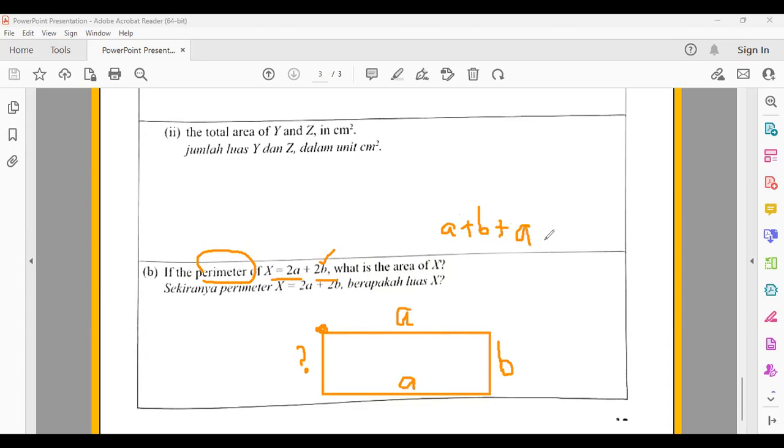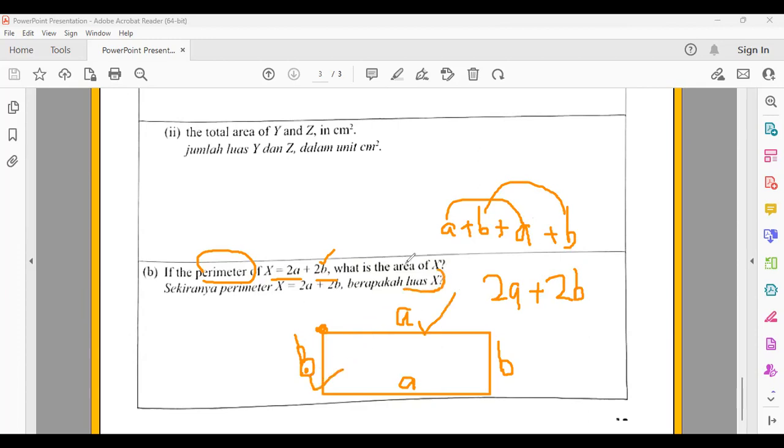Plus A, and then plus B again. So I come back here. So obviously, A plus A is 2A, and B plus B is 2B. So now I can easily label my rectangle. This is A and this is B.